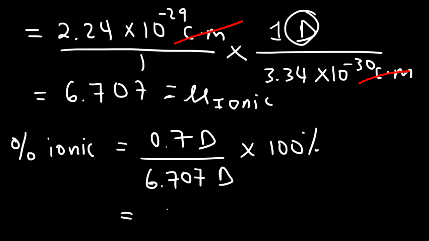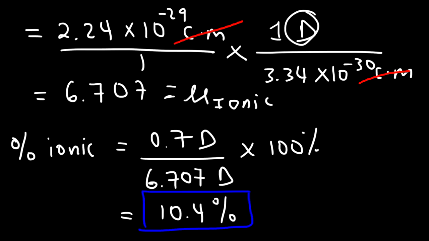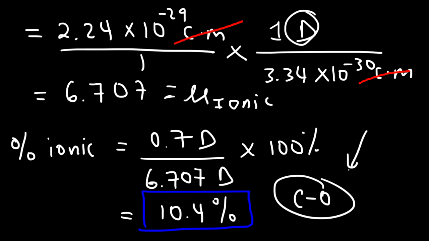So I got 10.4% as my answer. So we could say that the CO bond has a 10% ionic character, or 10.4% ionic character. And that's it for this problem.